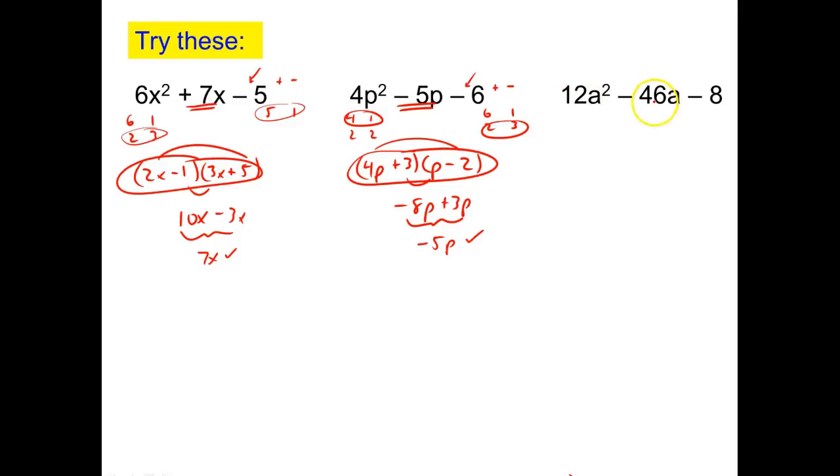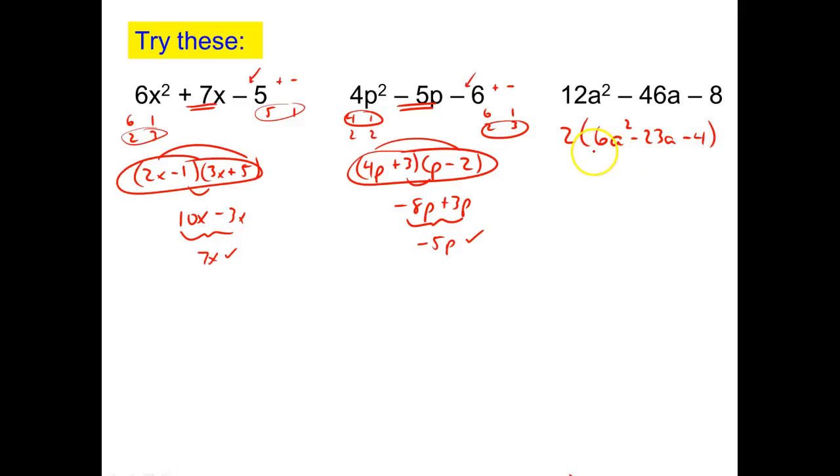Because if we can simplify our coefficients, then that's going to simplify all the possibilities we have to consider. I'm looking at 12, 46, and 8. I know they're all even, so I can factor a 2 out. So this becomes 6a squared minus 23a minus 4.